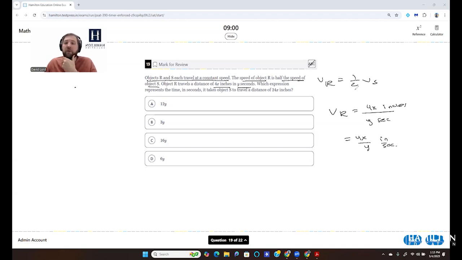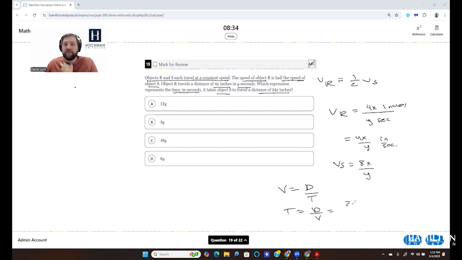Since we know the speed of R, we then know that S is going to be double that. So VS is going to be 8x over y. Which expression represents the time in seconds it takes object S to travel a distance of 24x inches? We know that velocity is distance over time, which means that time is equal to distance over velocity.